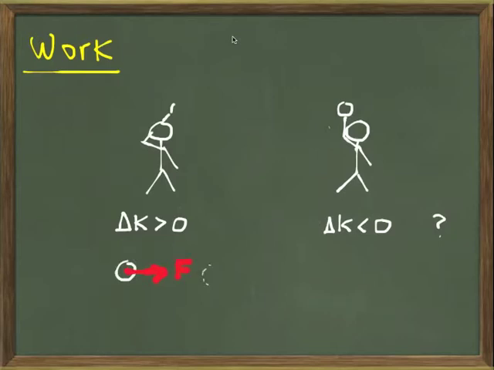In the first case, I'm applying a force, and the ball is moving in the direction of the applied force. My initial position and my final position determine my displacement vector, say, to the right. And the force that I have to apply to accelerate that ball is in the same direction. In the second case, the ball is coming at you with some velocity, and you want to slow it down, so you want to put an acceleration in the opposite direction.